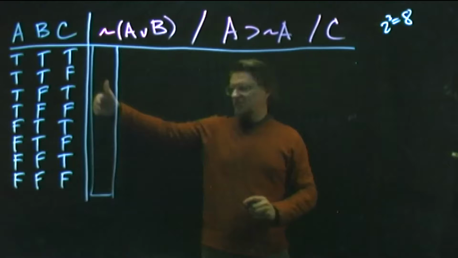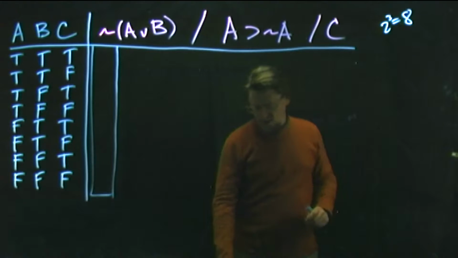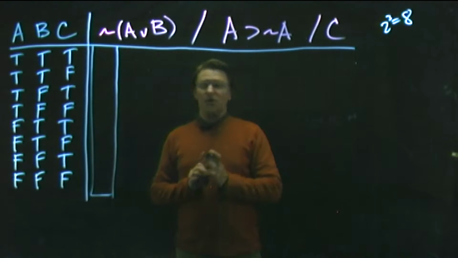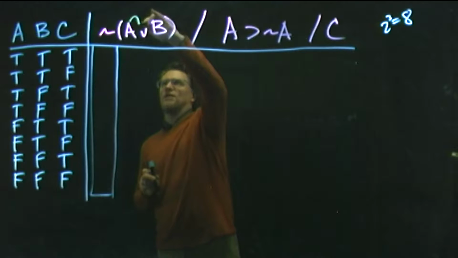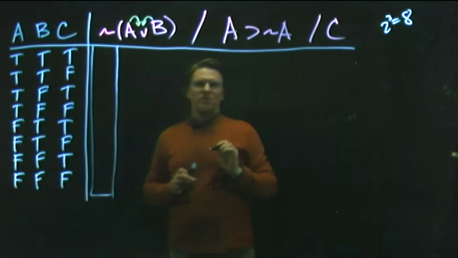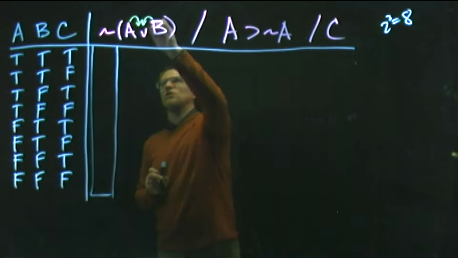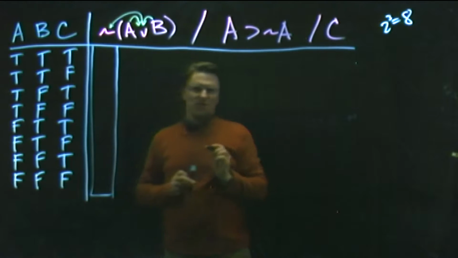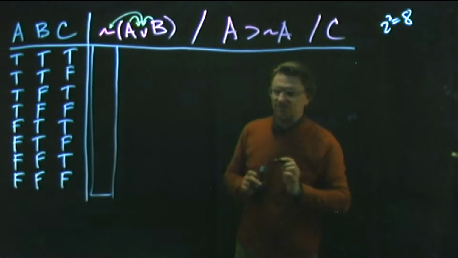So it's the tilde that's the main operator value. And if we want to identify the order of operations, it's going to go like this, right? A and B will feed into the wedge, and then that will feed into the tilde, the tilde being the main operator.